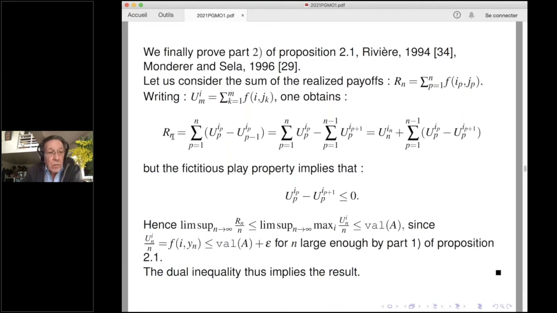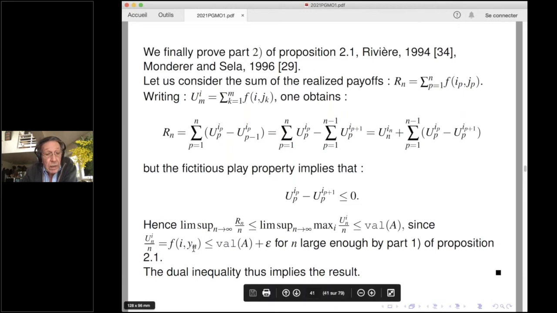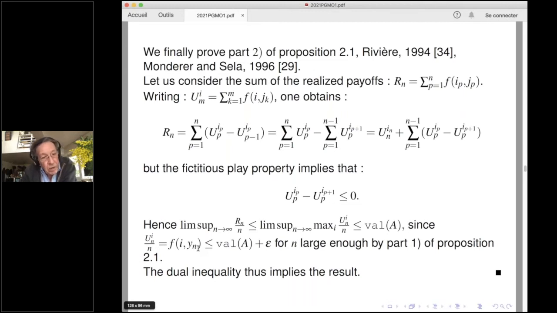So it implies that the limsup of this quantity is bounded by the limsup of the maximum of this average here. And this is smaller than the value, since this is given by f of y_n, and y_n is an optimal strategy, or close to an optimal strategy, of player two by the previous result.